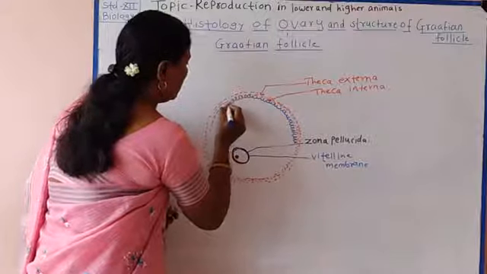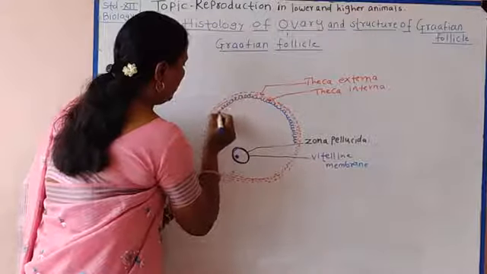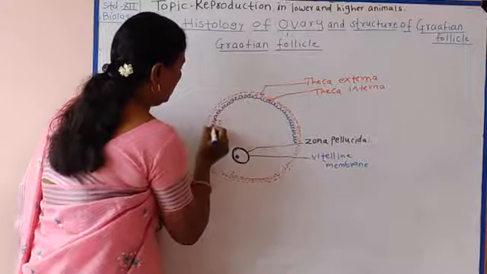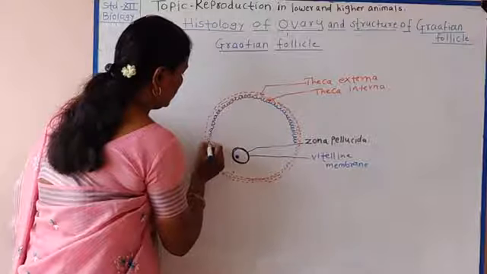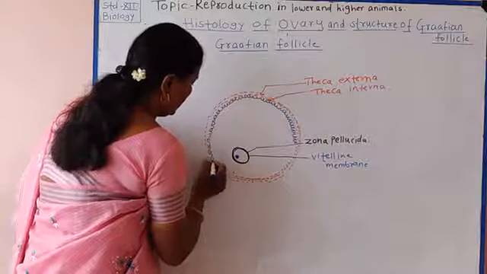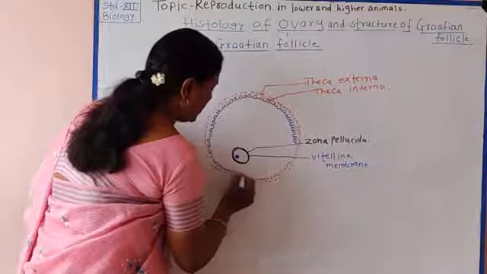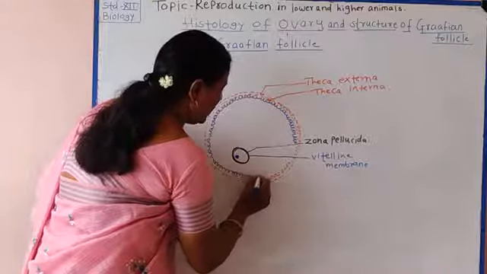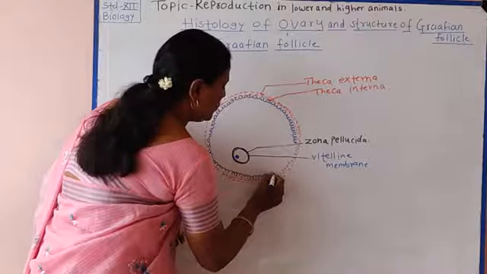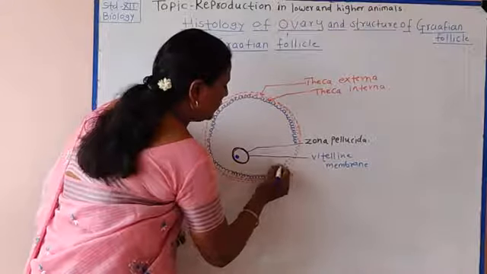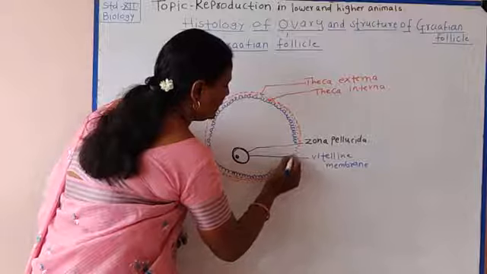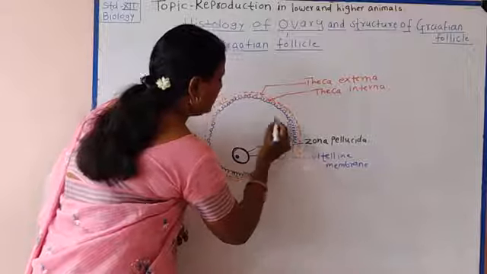They form the layers, called the membrana granulosa. These are mainly the membrana granulosa cells, follicular cells which secrete the hormone estrogen. The female sex hormone estrogen is secreted by these follicular cells.